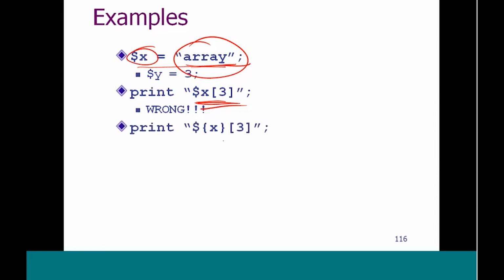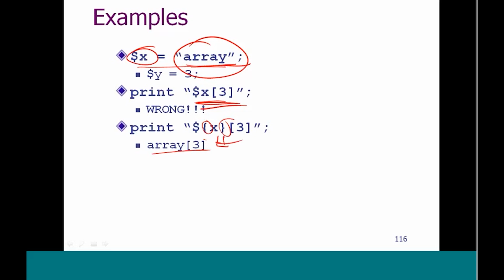So to make sure that we can print this way, what we need to do is use the brackets. In this case, it will print as array element 3.